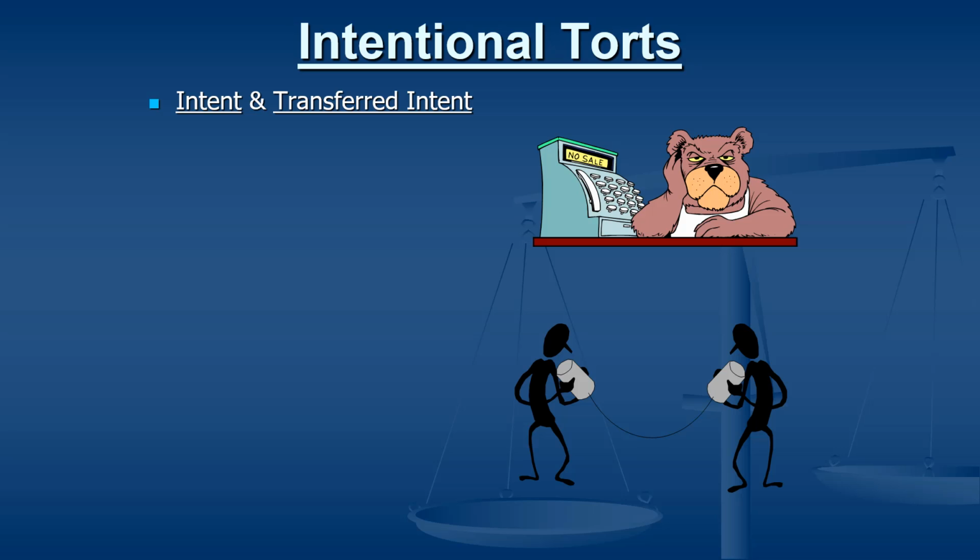For instance, if I was swinging a baseball bat and I was trying to hit the person standing in front of me, but they moved out of the way and the bat happened to strike you instead, the court would say, well, my intent simply transferred to you, and you could then sue me for battery.